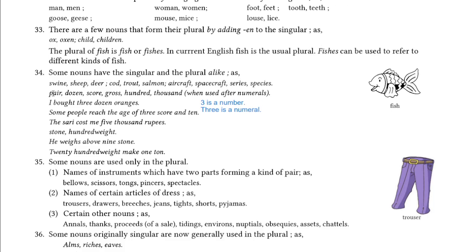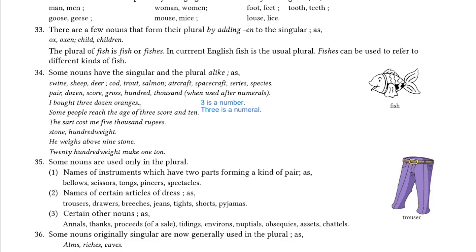When these words pair, dozen, score, gross, hundred, thousand, when they follow a numeral, their singular form and their plural form is the same. That their singular form is used as the plural form.